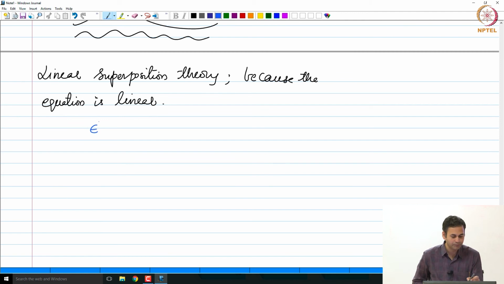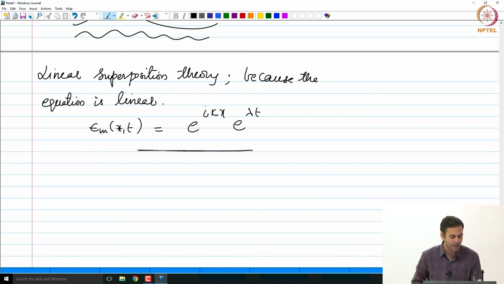Okay. So, we are looking at some epsilon m of x comma t, this would be one particular mode. This is basically e to the power I k x e to the power lambda t. So, we say if this mode is unstable, if this particular solution is unstable, then the original equation will be unstable, because it is all linear, there is no non-linearity. If you have non-linearity, then things could probably get damped and there will be some interaction.